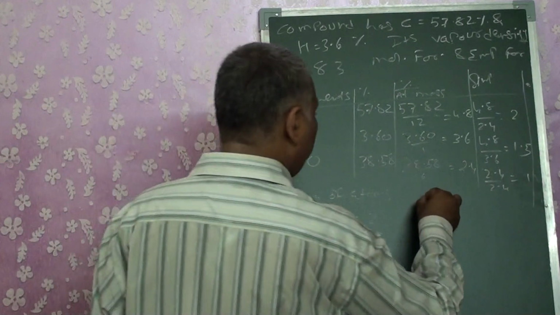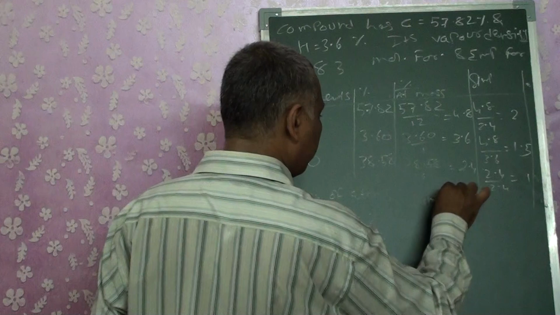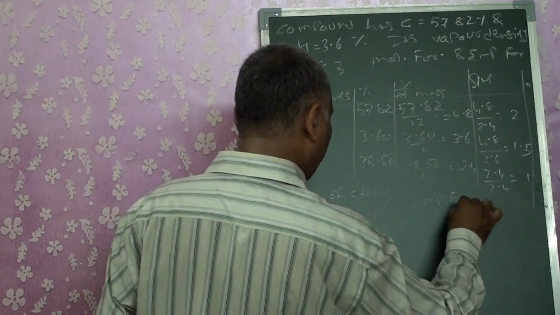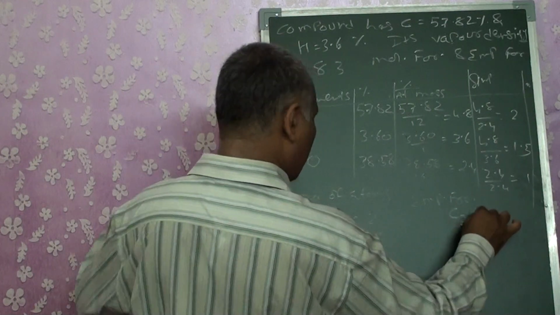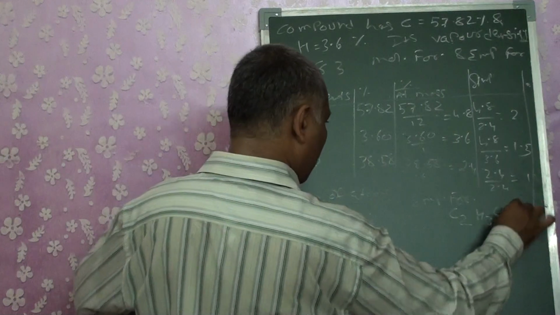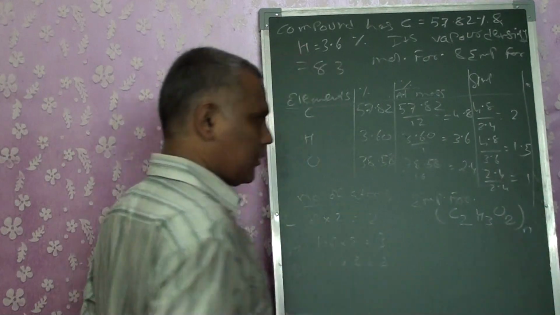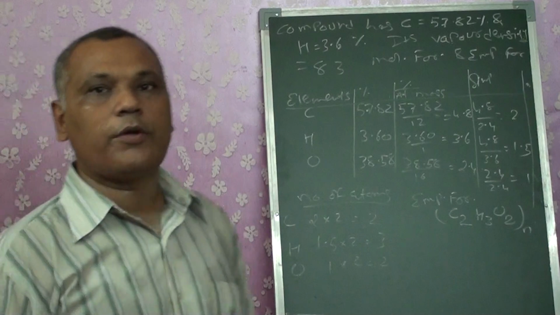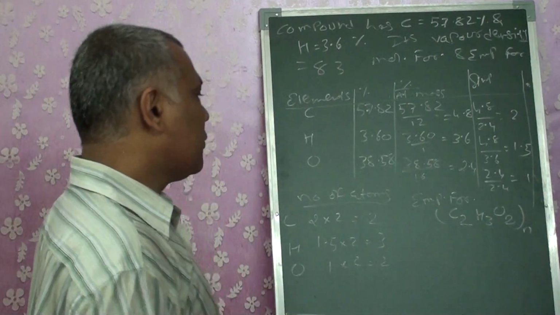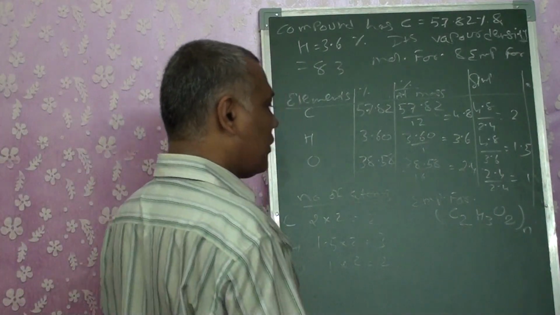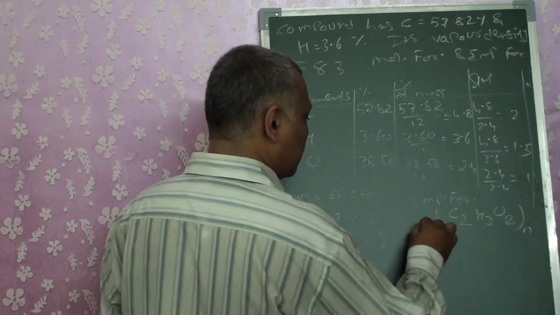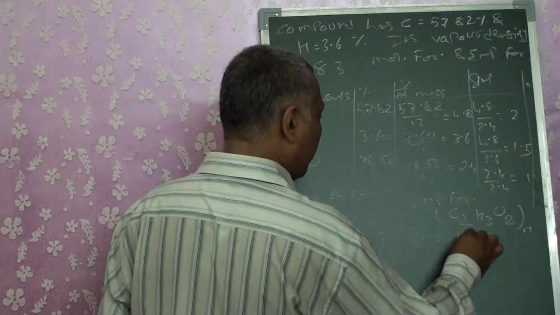That means the empirical formula, we will get it as C2H3O2 n times. Now first of all find out the empirical weight.